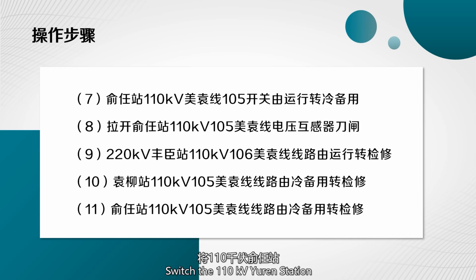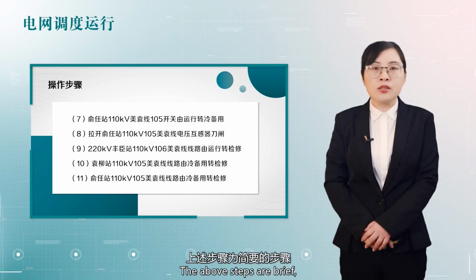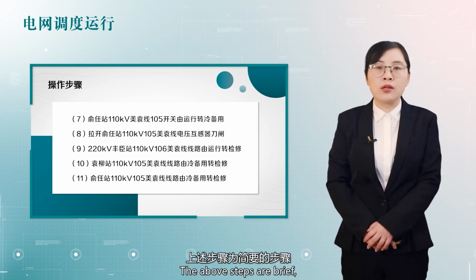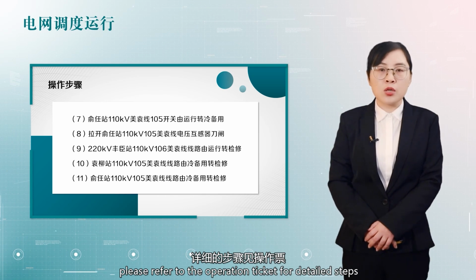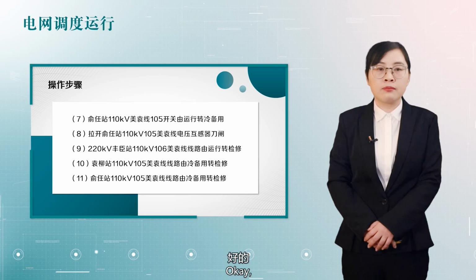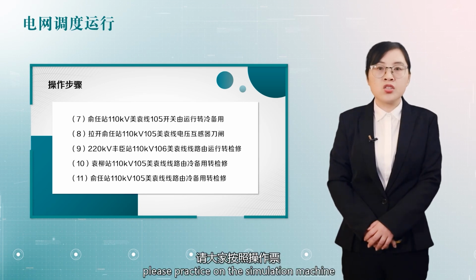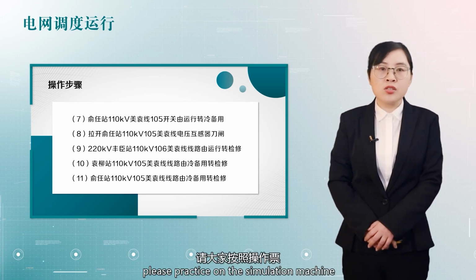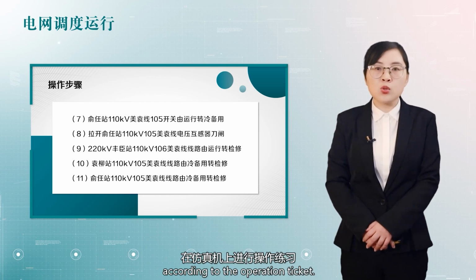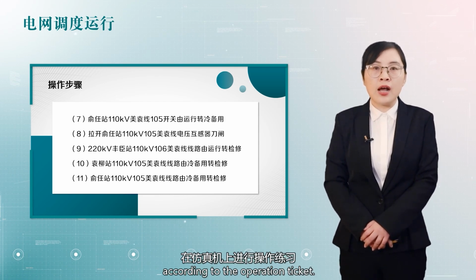Switch the 110 kV 渔人 station 110 kV 105 line from cold standby to maintenance. The above steps are brief. Please refer to the operation ticket for detailed steps. Okay, please practice on the simulation machine according to the operation ticket.